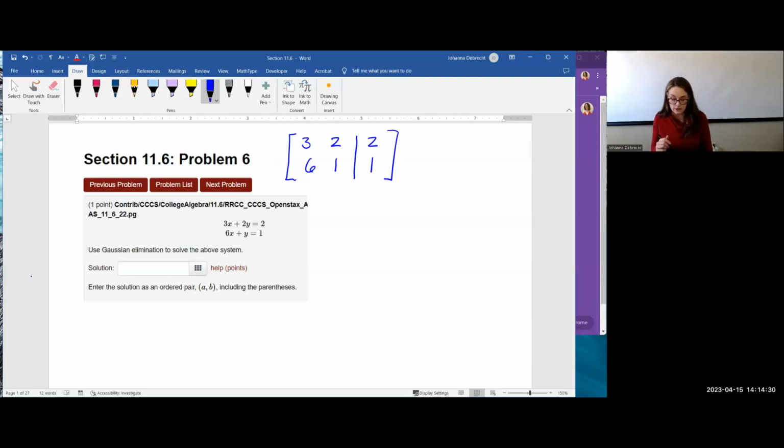All right, looks good. Now I know that I want to have a 1 in the upper left in the 1,1 position. But before I do that, I'm going to see if I can get rid of some stuff. So if I'm looking at row 1, I know if I multiply row 1 by -2, I'll get a -6. And then I add it to row 2 to get rid of that.